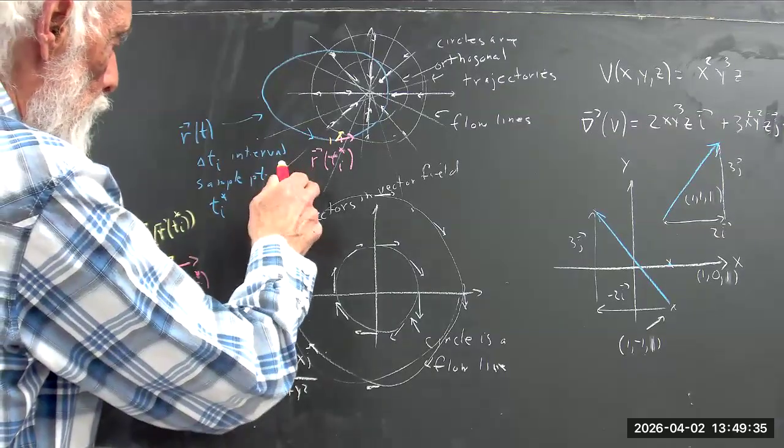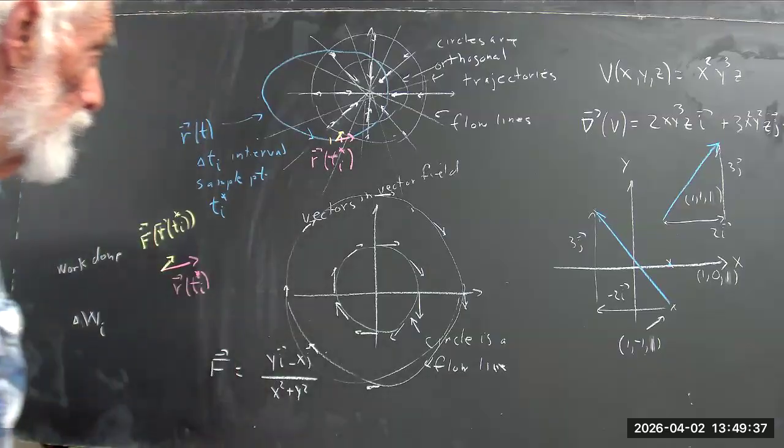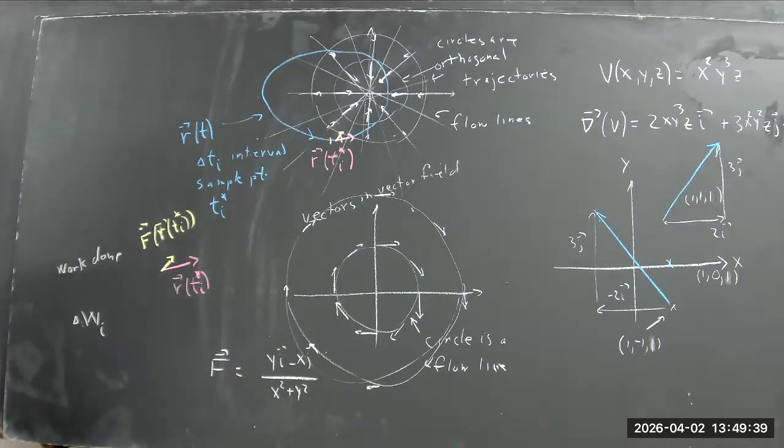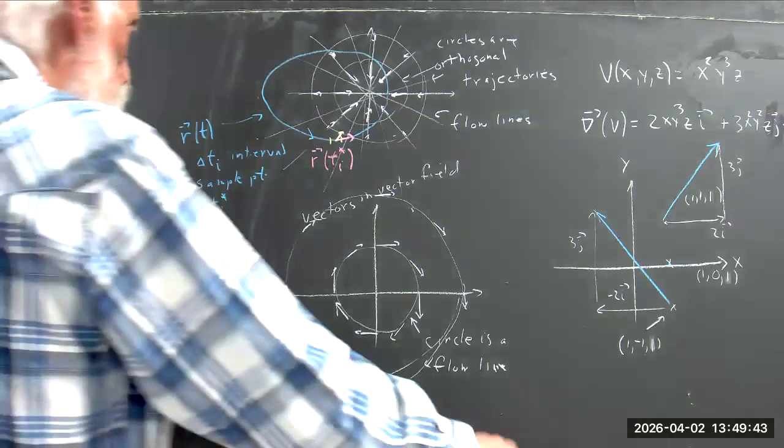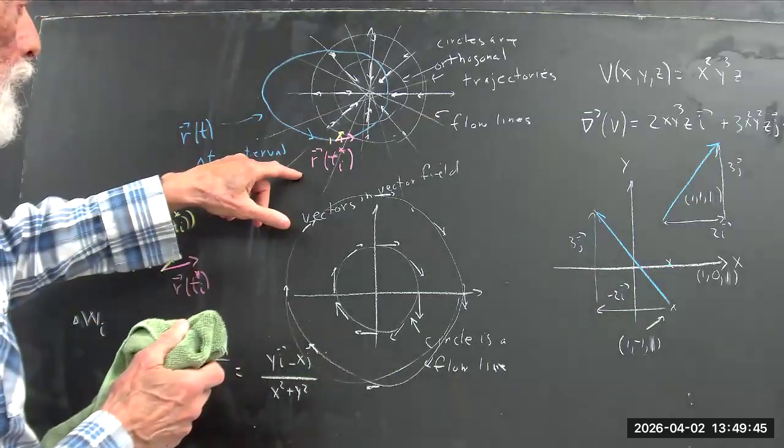What I'm saying here isn't quite right, and the notation gets a little more difficult than I was planning. Now, this isn't really R of ti.